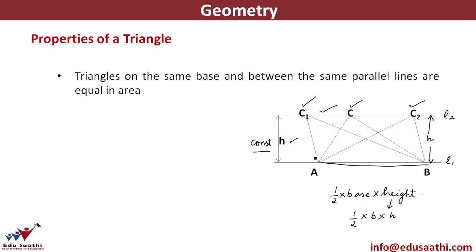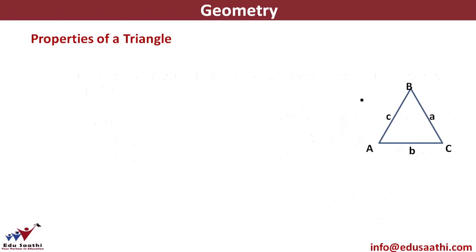So the area of triangles ACB, AC1B, AC2B all will turn out to be same, because their base is same and their height also comes out to be same. All the formulas will give you the same answer because it is half into base into height, which is constant whenever you have a parallel line.